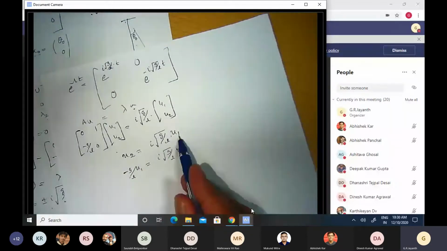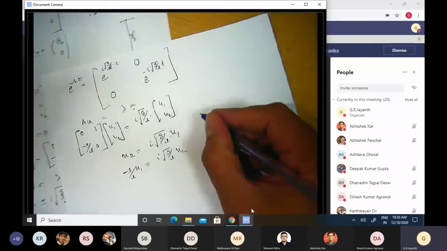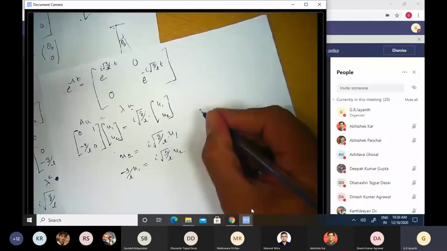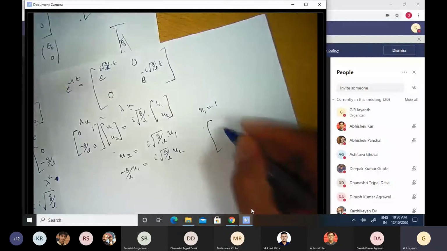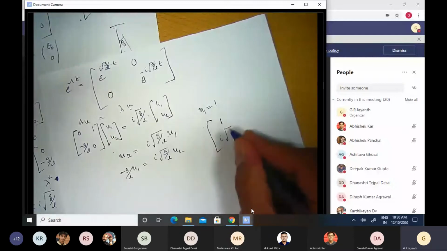So my eigenvector, if I choose U1 to be equal to 1, will be 1, i root of g by L. Okay, so this is one eigenvector.